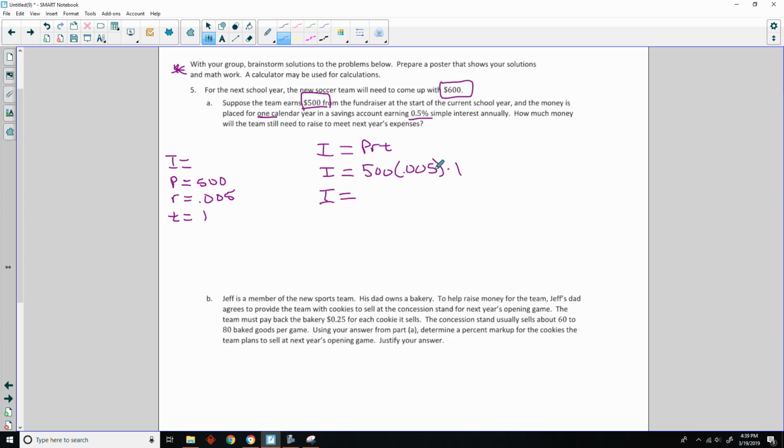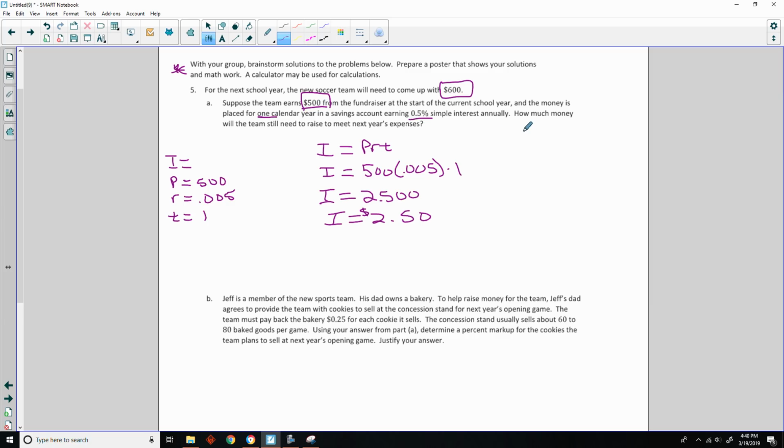So I'm going to get 5 times 5 is 25, and there are 3 decimal places, so I get $2.50.